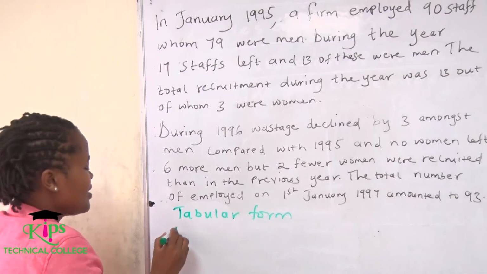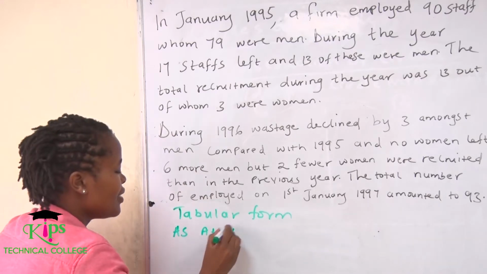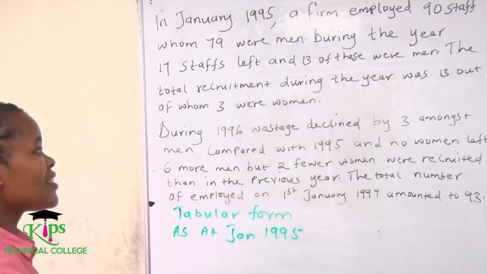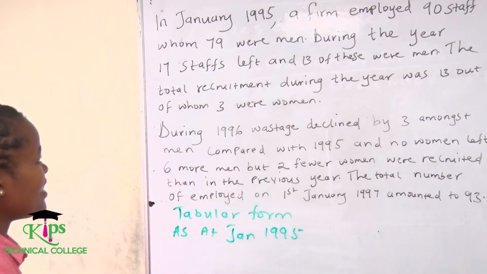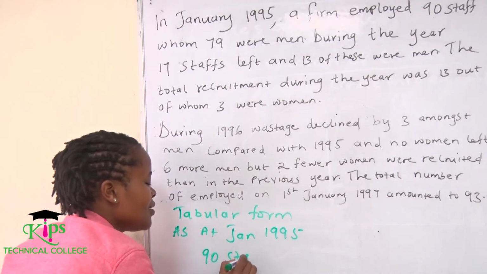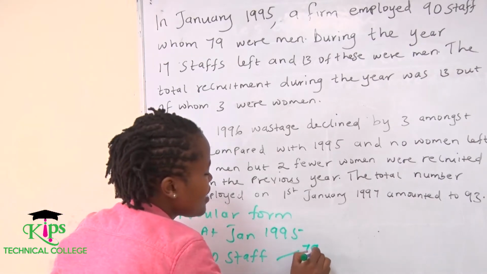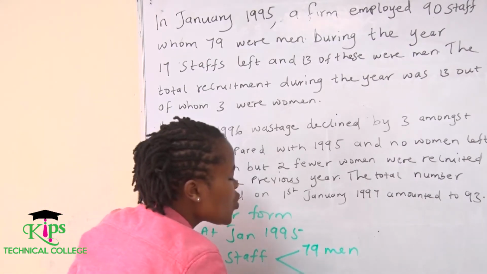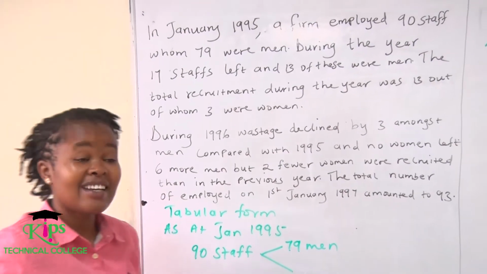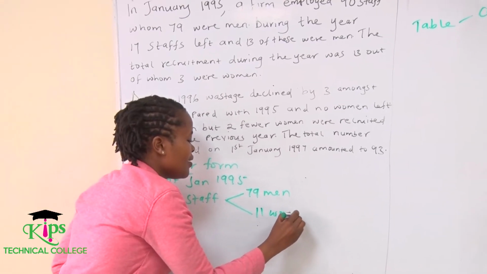In January 1995, there were 90 staff in that company, of which 79 were men. So you ask yourself, how many women are there? We have 90 minus 79, which gives us 11 women.